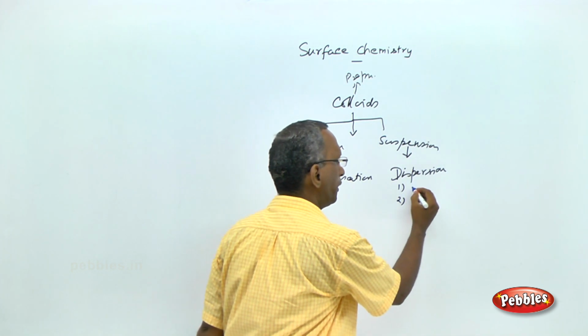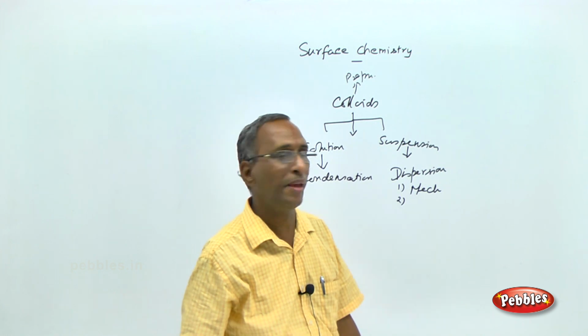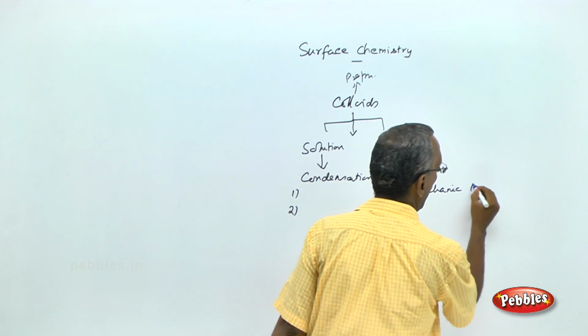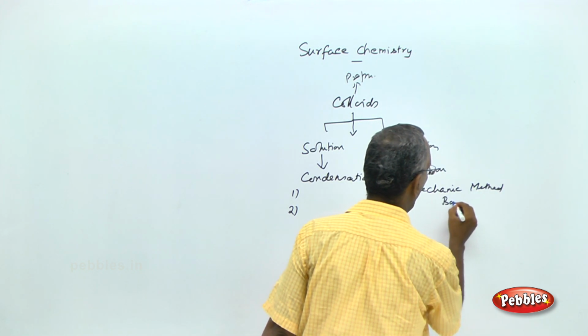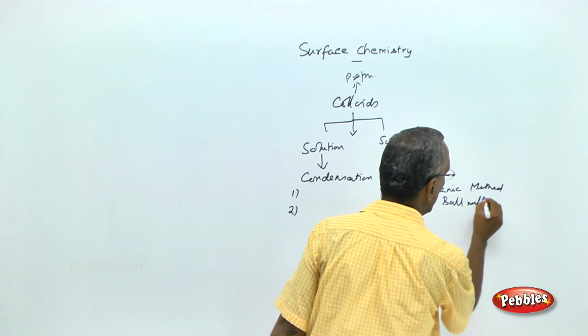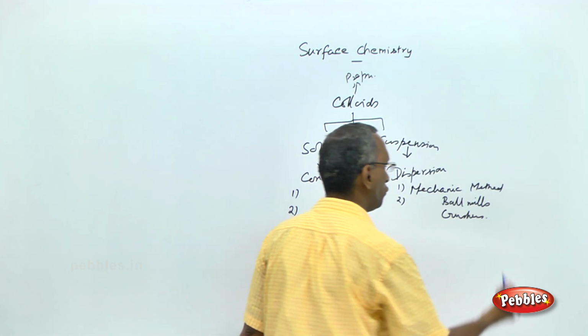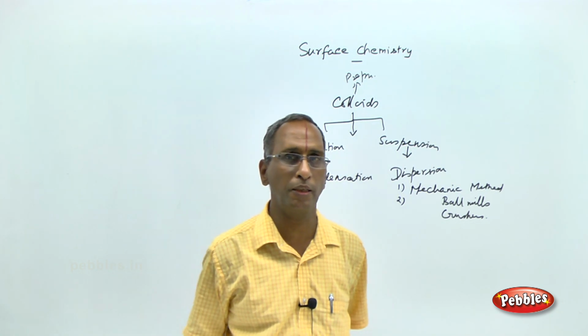Dispersion methods in turn can be physical or chemical. Mechanical method means using a ball mill. Here, you can use different types of mills and mechanical agents, ball mills, crushers provided with jaws, which segregate the material into the desired particle size.